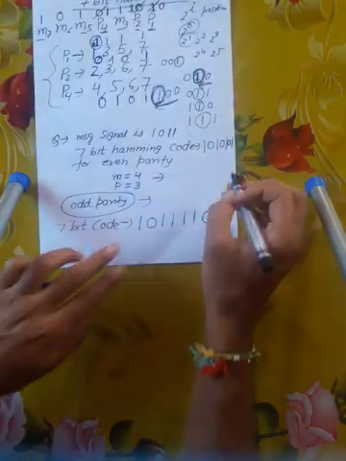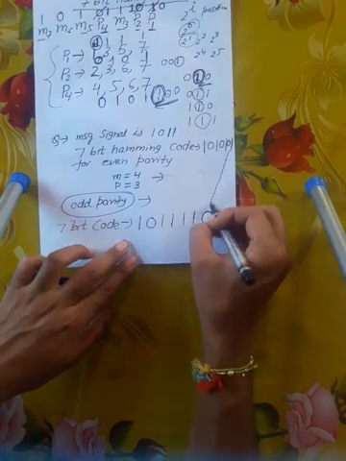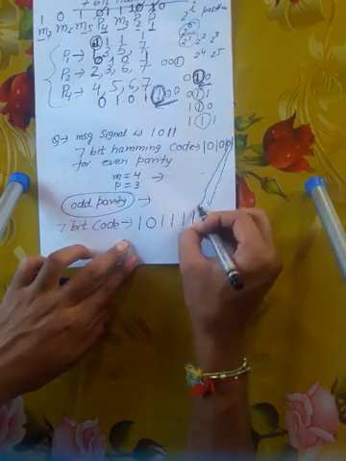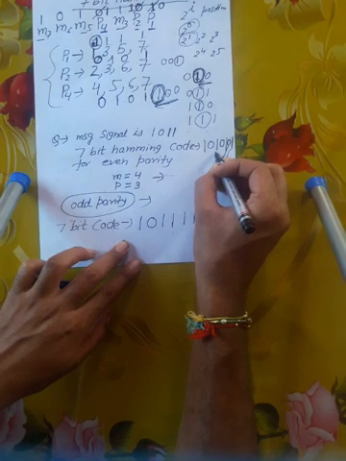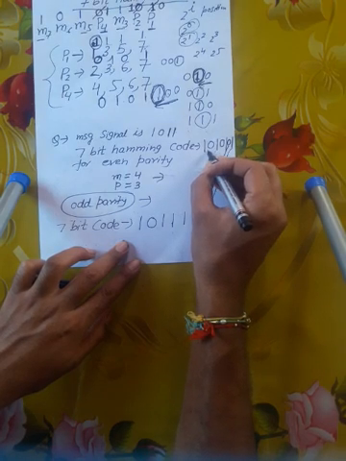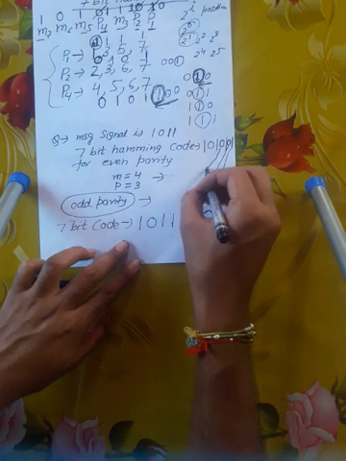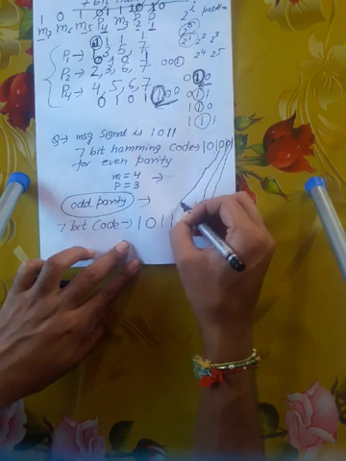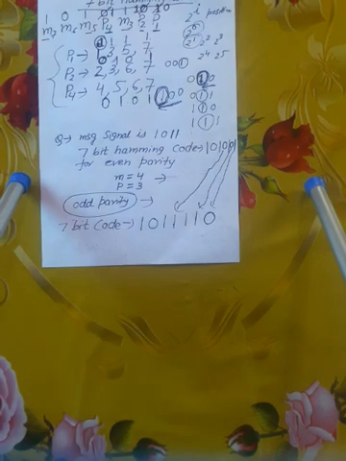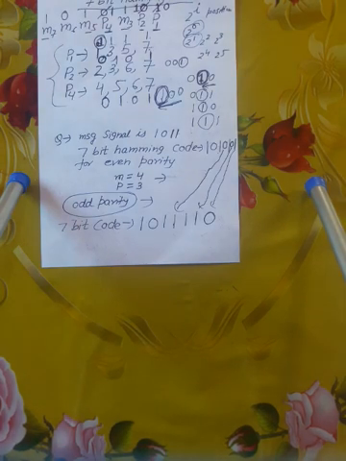Just change this 1 by 0, this 0 by 1 and this 1 by 0, this 0 by 1. Okay, in this way you can determine for even parity or odd parity.